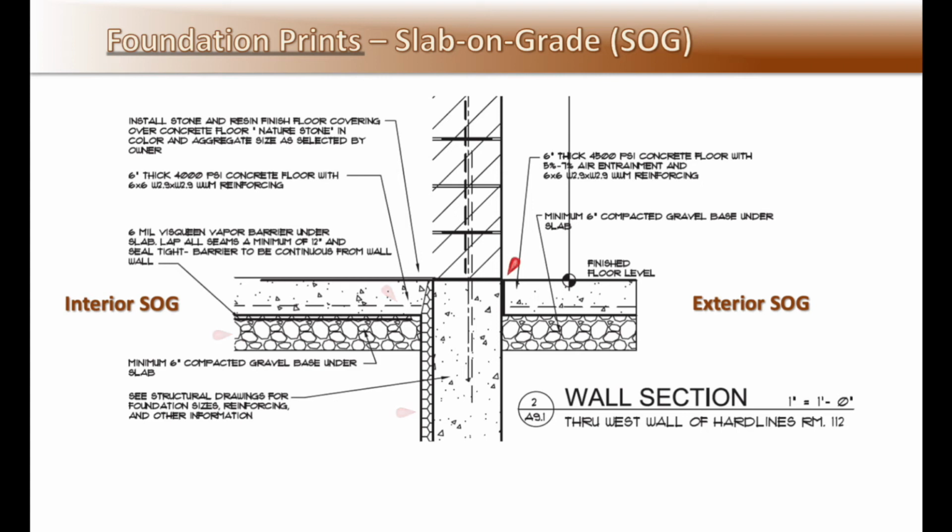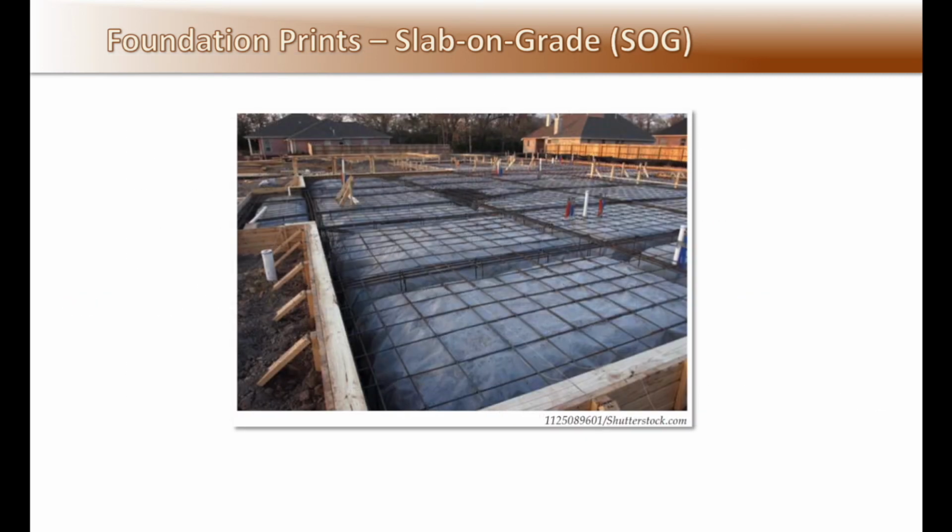Also note on the exterior slab the half-inch expansion joint material isolating the slab from the building structure, or as shown in this picture of a structural floating slab on grade with many beams running through the slab for additional support. This would be a typical residential foundation slab in Texas due to the expansive soil condition.